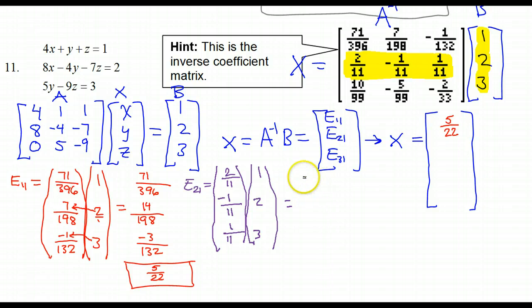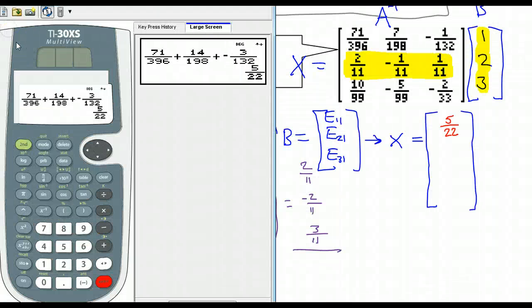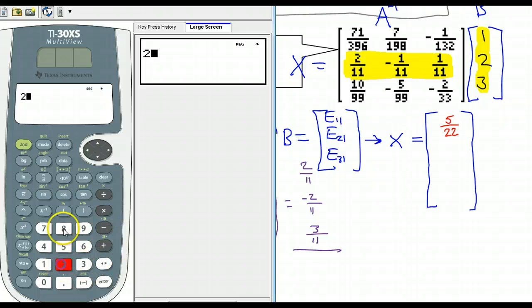That makes this 2 over 11, negative 2 over 11, and 3 over 11, and then we're supposed to add these all up. Okay, so 2 over 11 plus negative 2 over, okay, that's silly of me.